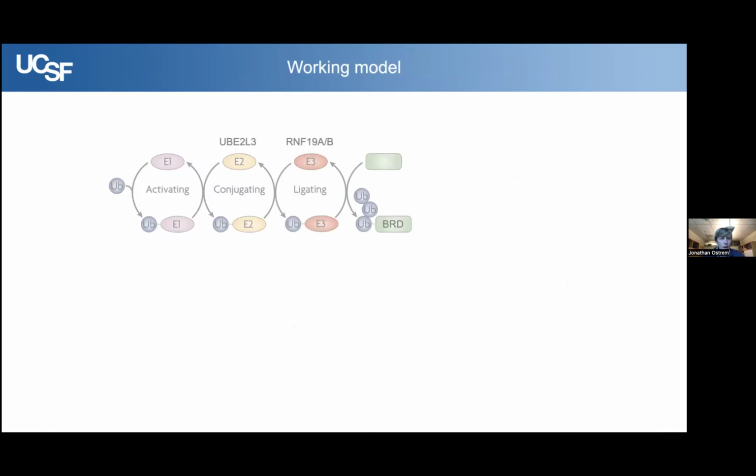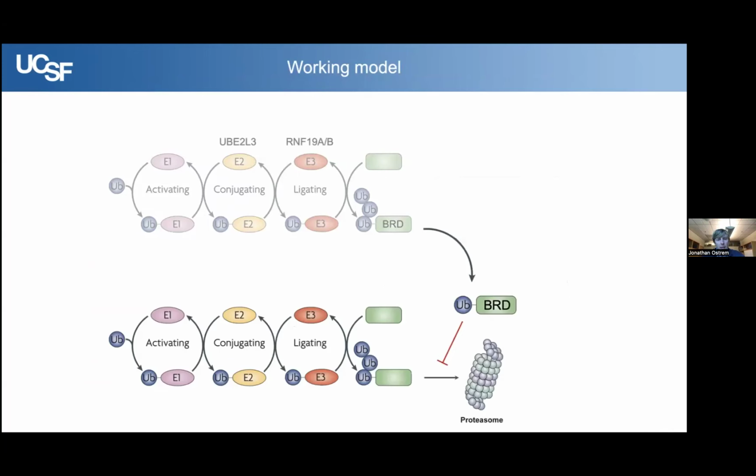We're continuing to work on understanding the mechanism of degradation, but our current model of the effect of 1732 in cells is that it enters the cells, it undergoes ubiquitination by UBE2L3, followed by RNF19A and RNF19B.